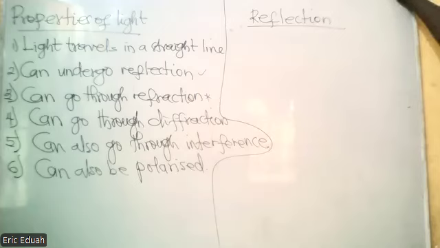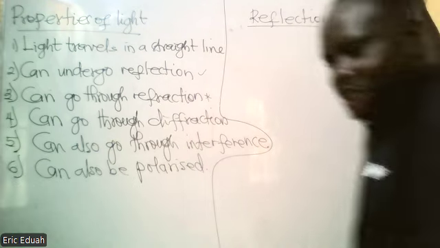It's when a light beam bounces off a surface. So the bouncing back of light from a surface is what we are describing as reflection.